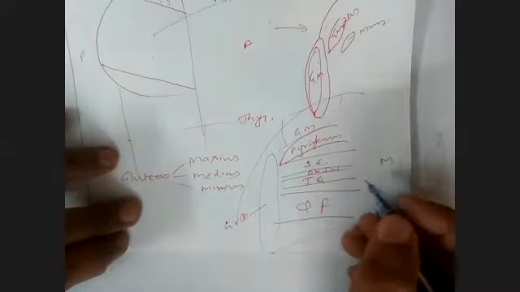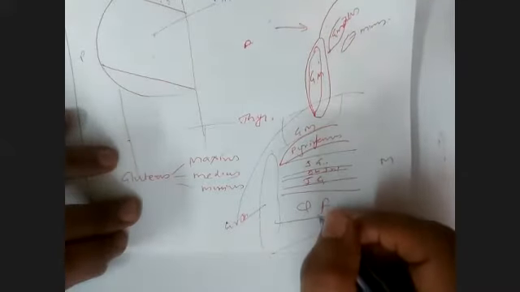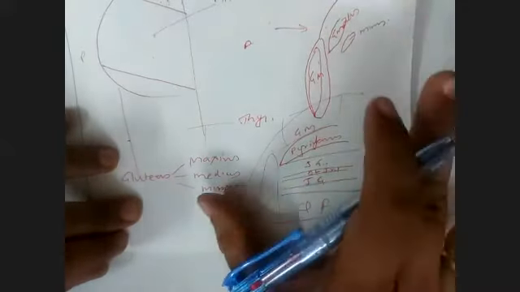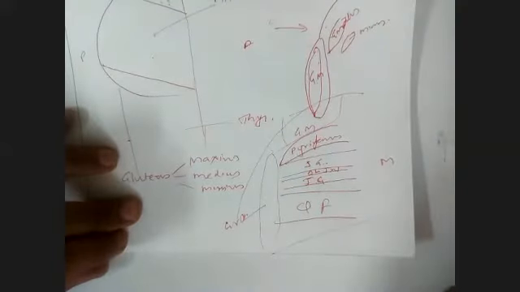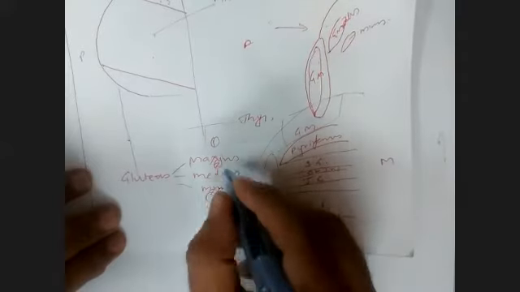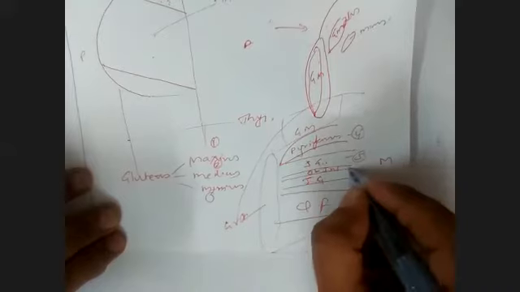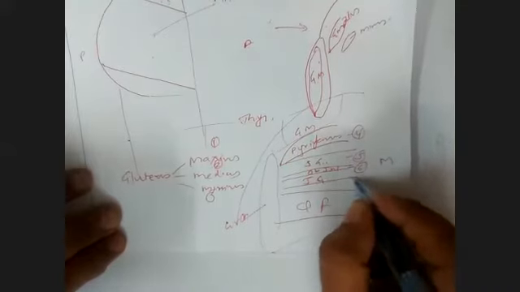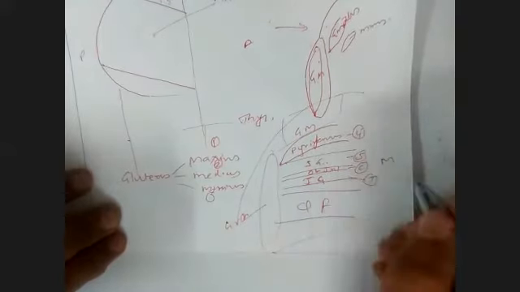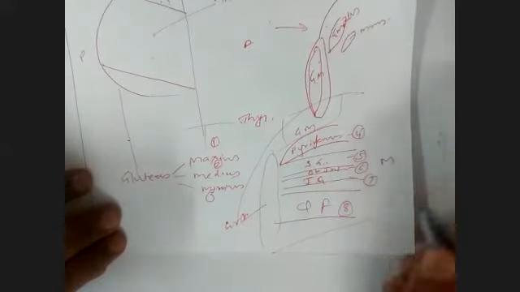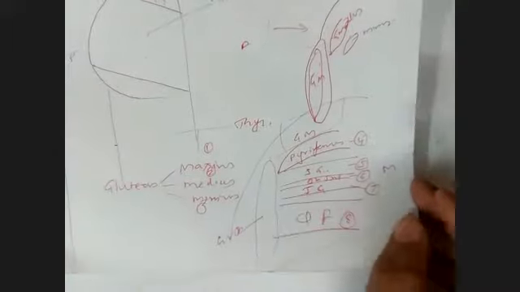Obturator externus is also included in this compartment, though sometimes it is included in the medial compartment of the thigh. So in total: 1, 2, 3 gluteus maximus, medius, minimus; 4 is piriformis; 5 is superior gemellus; 6 is obturator internus; 7 is inferior gemellus; and 8 is quadratus femoris.